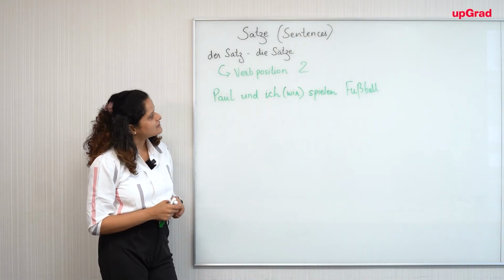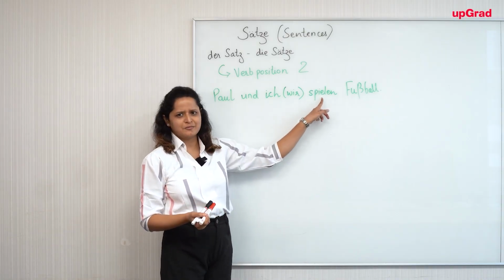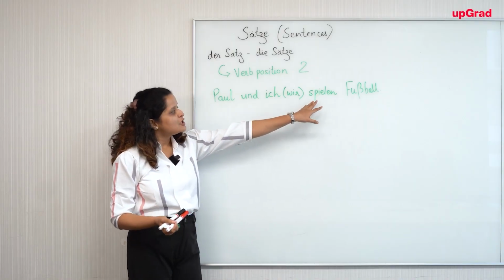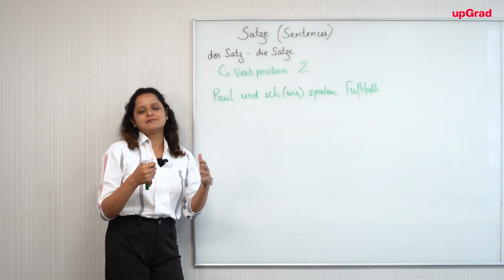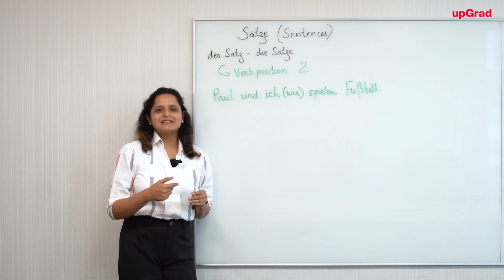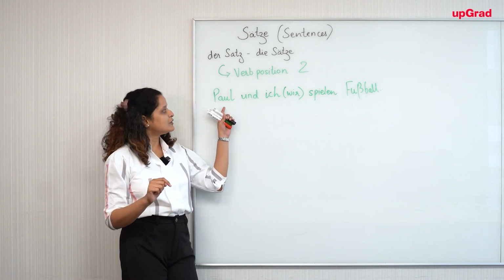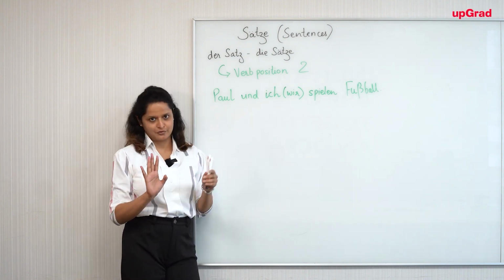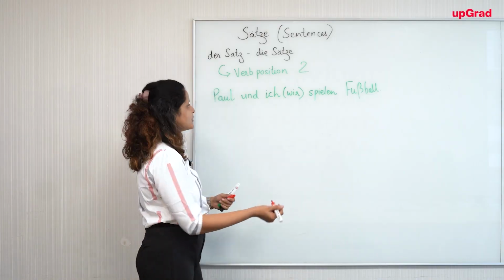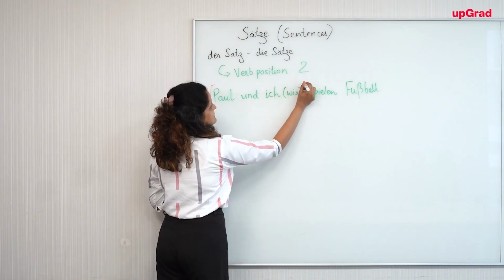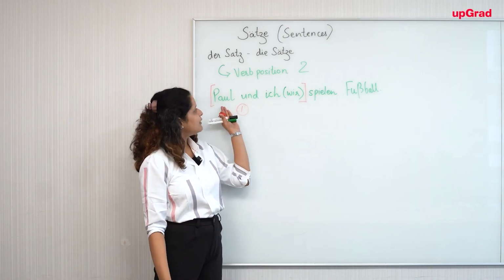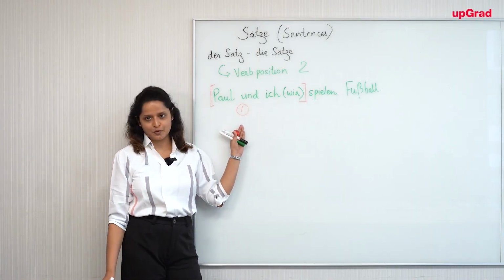Now many of you might wonder and say, okay, but the verb looks here to be at position 3, right? 1, 2, 3, actually not even 3, 4. So when we say position 2, that's not how position 2 works. When we say position 2, we are not really counting words and deciding, okay, this is 1, this is 2, this is 3, this is 4. No. A sentence is made up of different parts. So this entire Paul und ich takes your position 1.